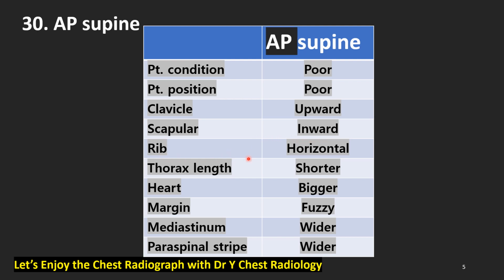Ribs become more horizontal. The thorax length is shorter than PA erect view. Heart size is bigger. Margin is fuzzy. The mediastinum is getting wider, and the paraspinal stripe is also wider.